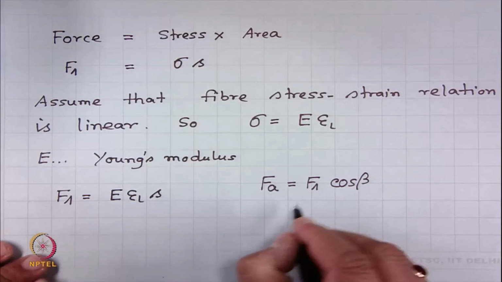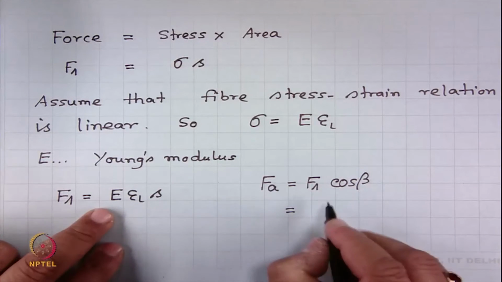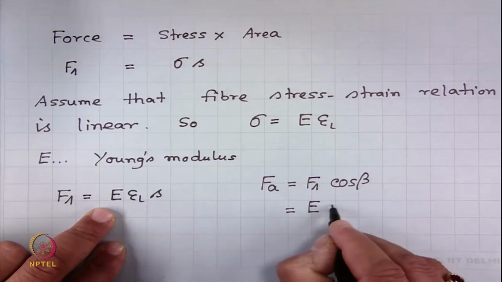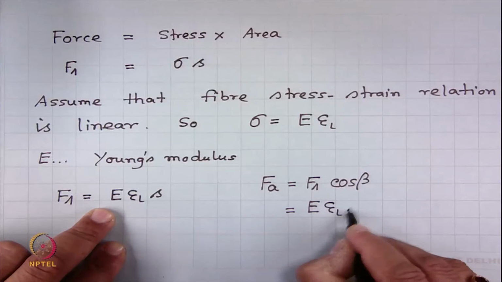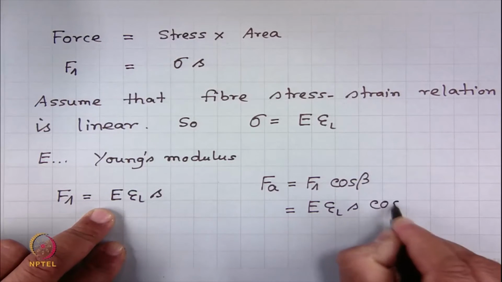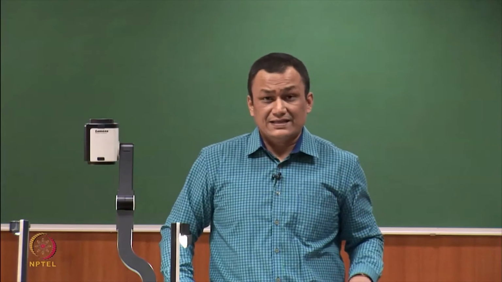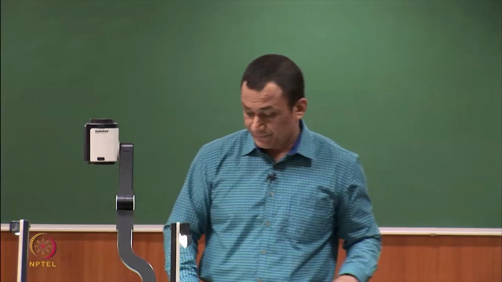Okay. So, what is F subscript A? F subscript A is Young's modulus, fiber strain, fiber cross section area into cos beta. Then what is the stress developed along the axial direction of yarn?